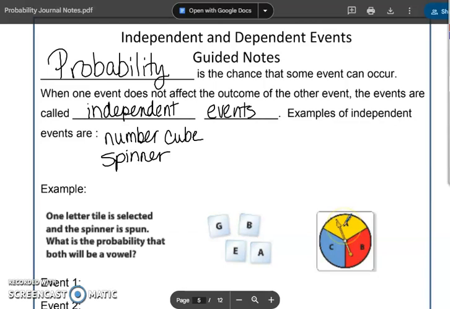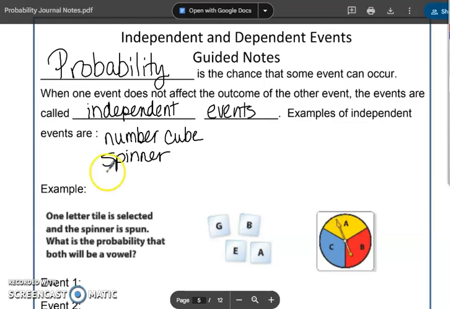It has A, B, C, or you can look at colors yellow, yellow, red, and blue. So if I spin the spinner and it lands on an A, when I spin the spinner again, I have the same probability of landing on an A. The A does not disappear. The section does not get smaller. I can keep spinning and keep spinning, and each one of these has a 1/3 chance of occurring with each spin.